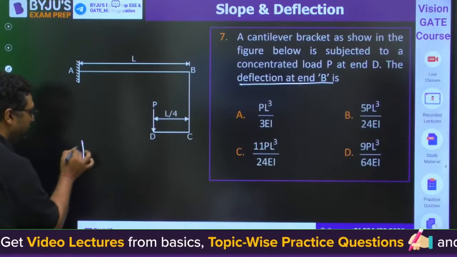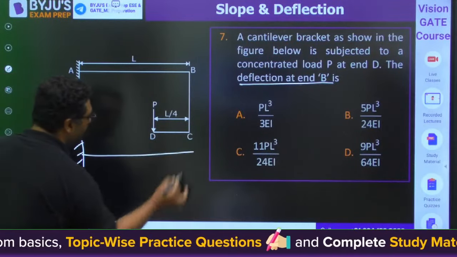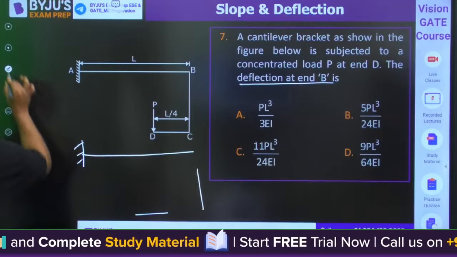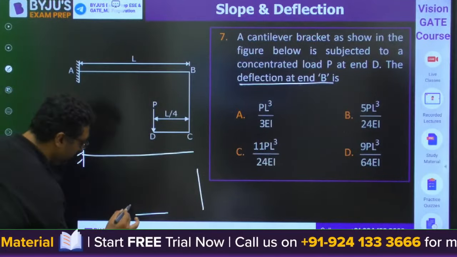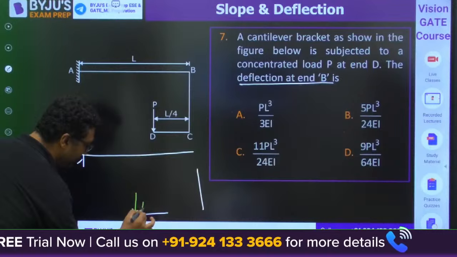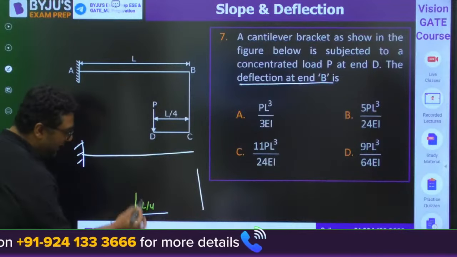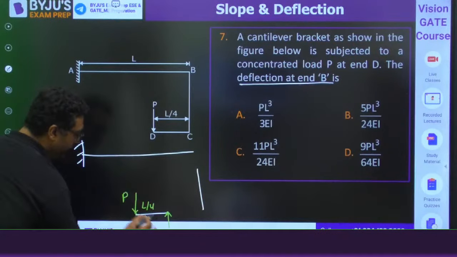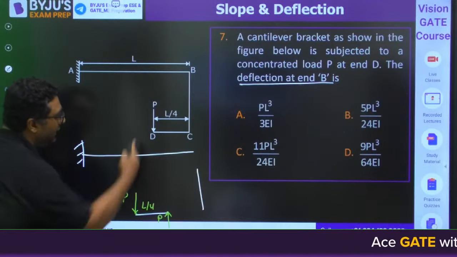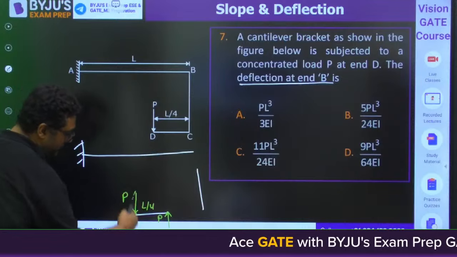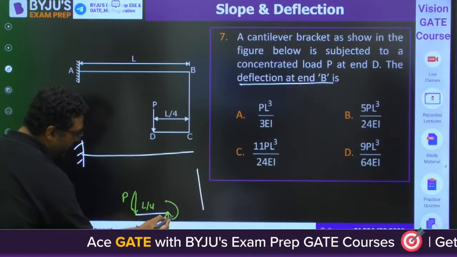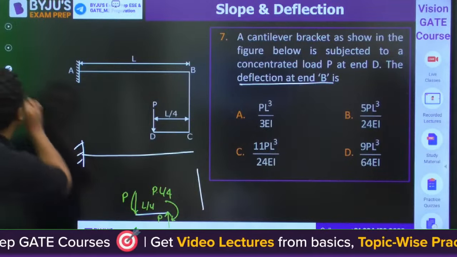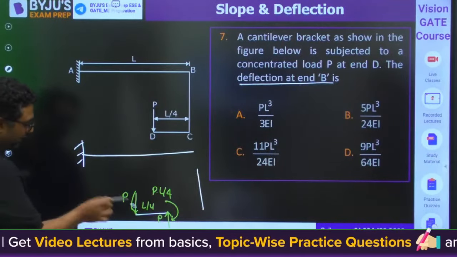You will separate the first part of the beam, second part of the beam, third part of the beam. Here one force P is acting at a distance of L by 4. To balance this, there should be a force of P. And this is creating a moment like this. To balance this, there should be a moment of P into L by 4. Everybody remember this method or not?